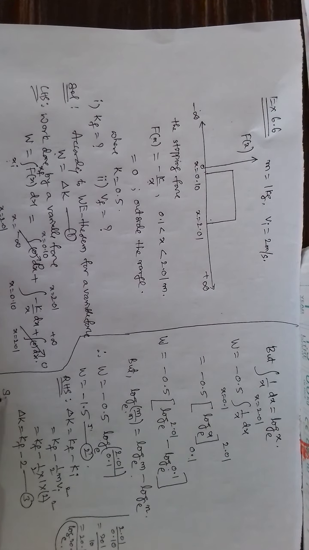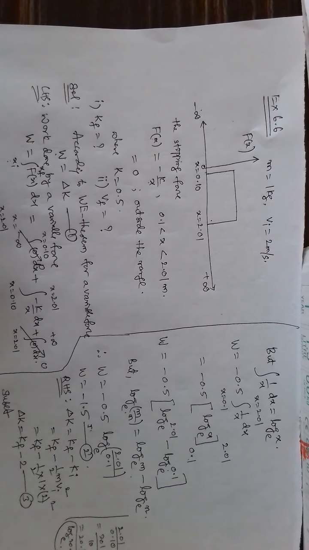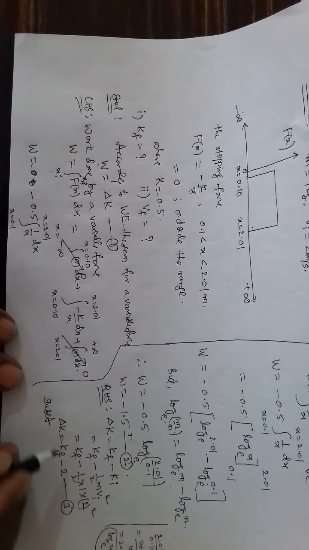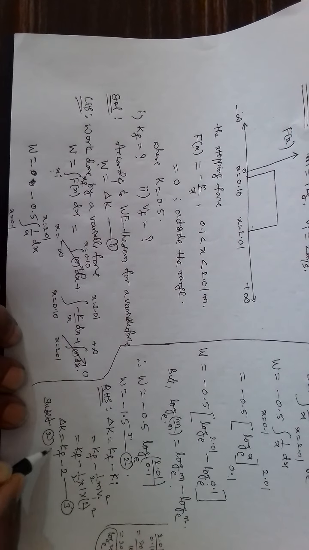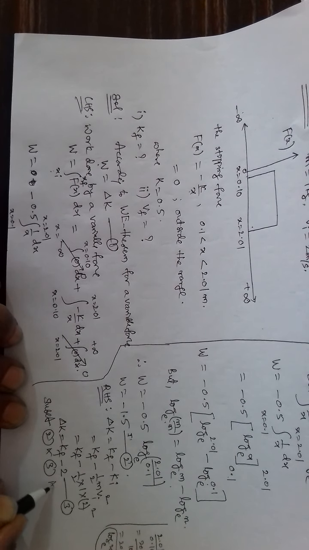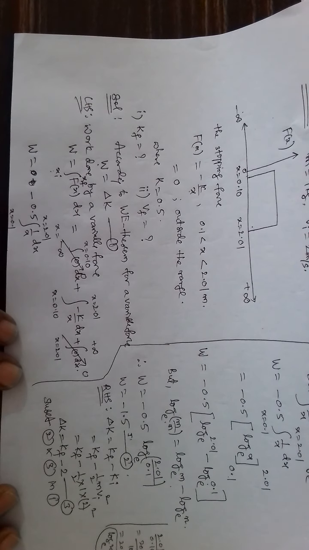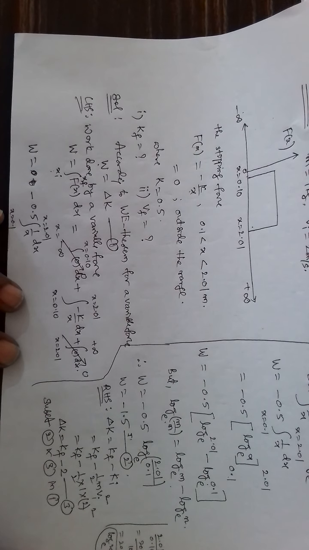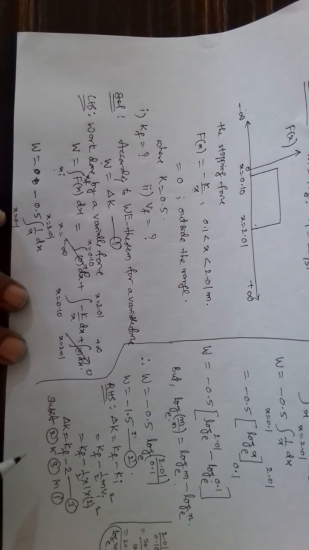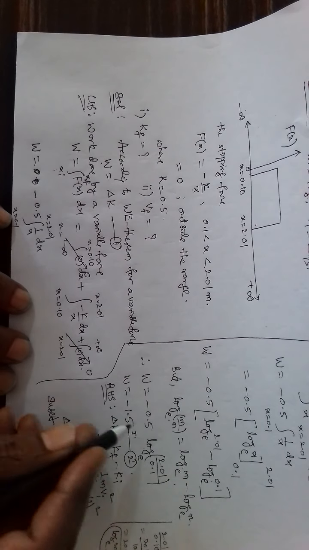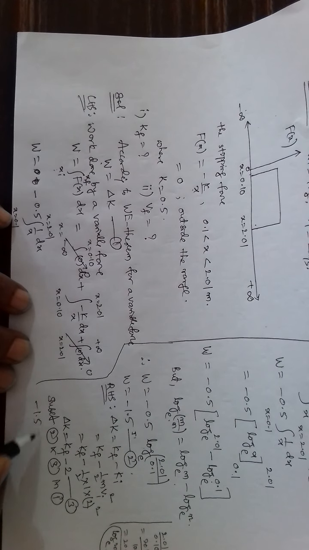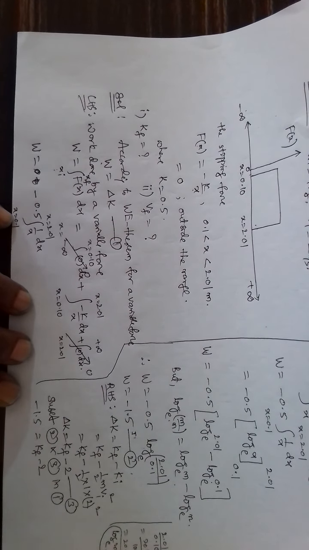So substituting 2 and 3 in 1, work done is minus 1.5 is equal to change in kinetic energy, Kf minus 2.